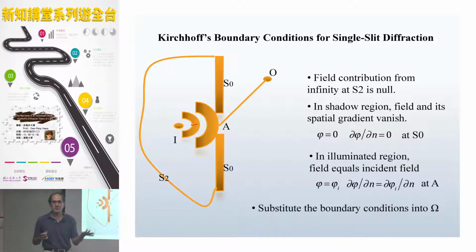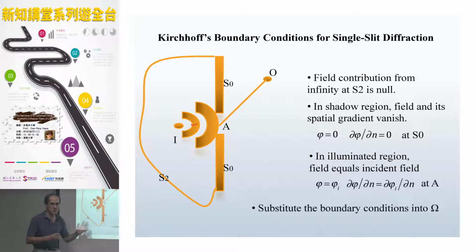And then here come the important assumptions that Kirchhoff made in terms of the boundary condition. He said, well, we have to pay attention to this: over here on S0, there should be no incident field because that's a shadow, right? Because the incident field is blocked by the other side of the screen. So when you are at the point of observation, you should see no incident field on S0. So on S0, phi should be 0.